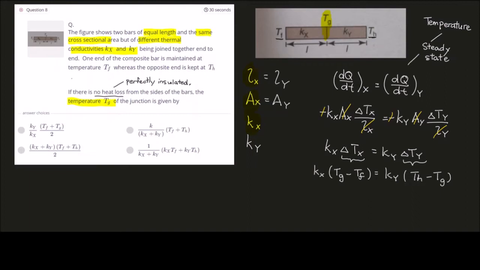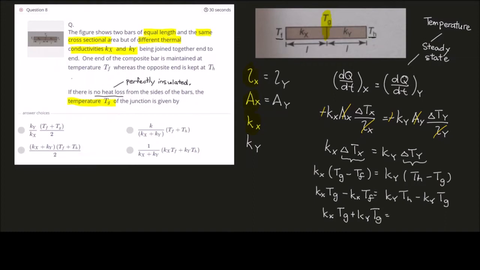Okay, so now we want to express everything in Tg. Now it's just maths. You open everything up because you want to arrange Tg on one side of the equation. So bring Tg to the left hand side. So you have Kx Tg plus Ky Tg.